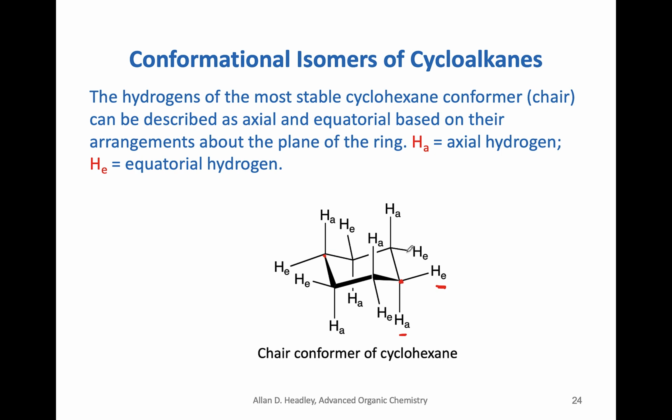So here we have the axial above the plane and the equatorial within the plane of the cyclohexane chair conformer. This is the most stable, and these are the descriptions of the hydrogens that are bonded to each carbon. Notice each carbon has an axial and an equatorial.